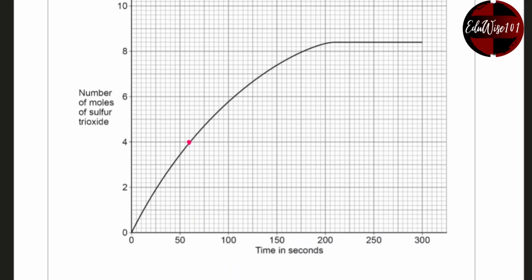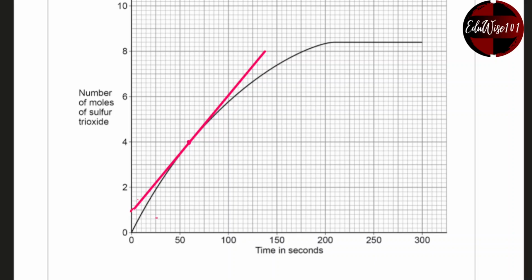For this rate of reaction question, you would need to find the tangent. So how do you find the tangent? At the spot you draw a straight line. Let's see if I can draw a straight line there. Maybe redraw that. There we go.